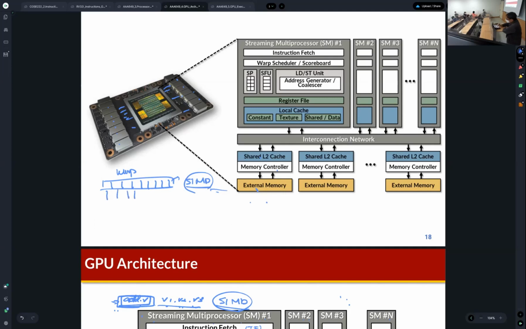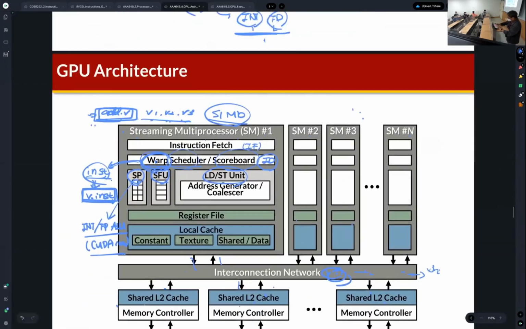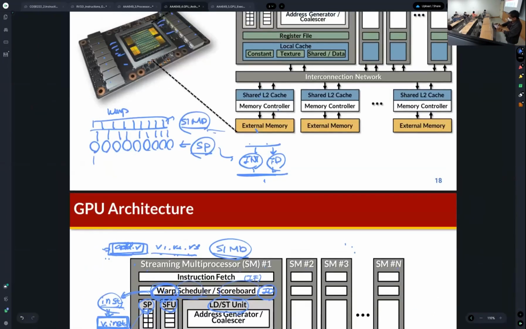Each data element is connected to a single SP core of the GPU. Inside the SP is the integer type pipeline execution engine, and also the floating point type. So the GPU looks like this. And this is the CUDA core.